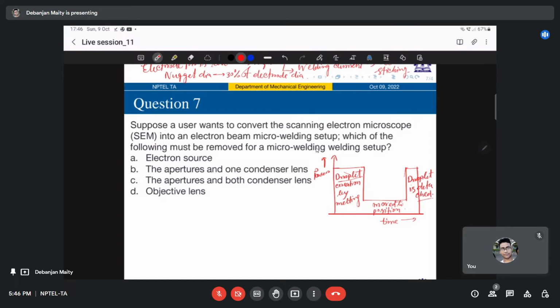So what are the five phases here? One is droplet creation. Second is droplet detachment. Third is droplet flight.